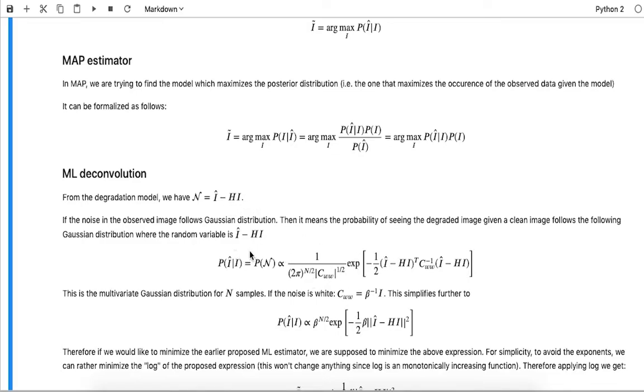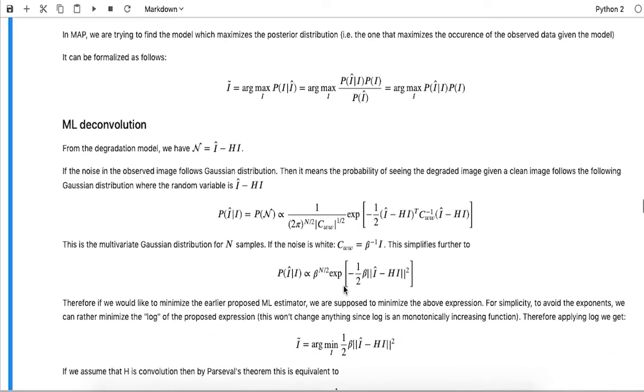So when we put this into it, you get a multivariate Gaussian distribution, and C_W inverse is my covariance matrix. Let's say my noise is white Gaussian, so this covariance matrix is nothing but a scaled identity, and let's say the scale is beta. What you want is to find an I which maximizes this probability distribution.